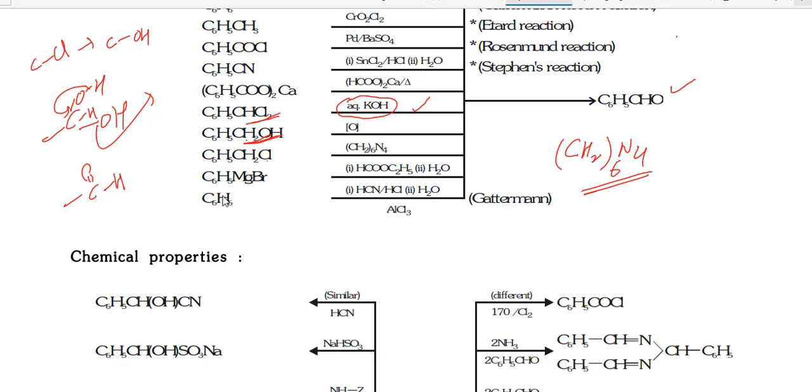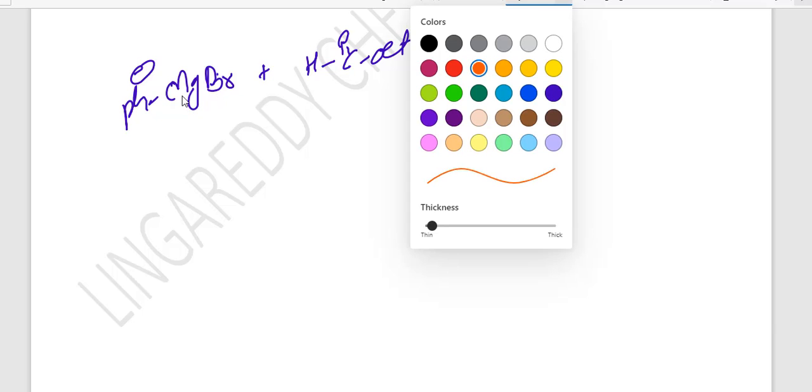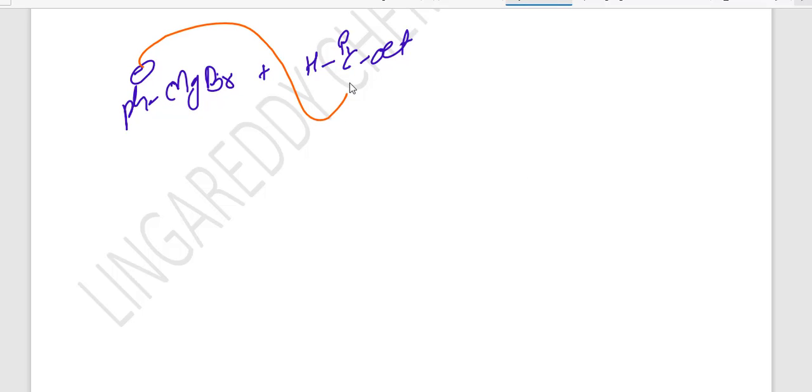Then it looks like a Grignard reagent, phenyl magnesium bromide. It reacts with ethyl formate. See, phenyl magnesium bromide reacts with formate, maybe ethyl formate. The mechanism is just like a Grignard reagent only.